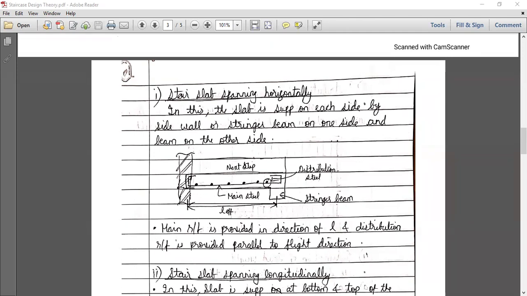It is not visible. Sir, the IS code is not shown. You are not able to see the IS code? No, sir. What can you see on the screen now? Sir, the same, stair slab spanning horizontally. Okay, now, is it visible now? No, sir.